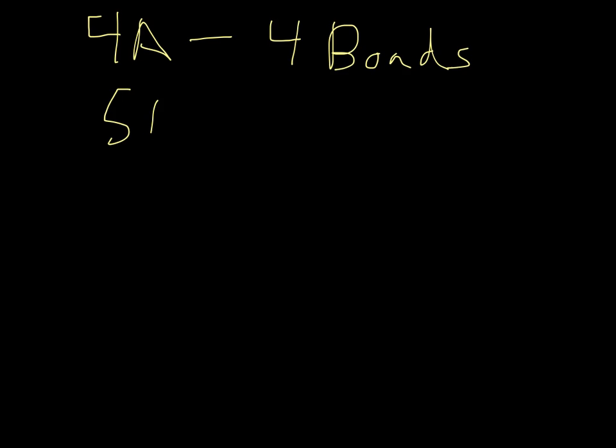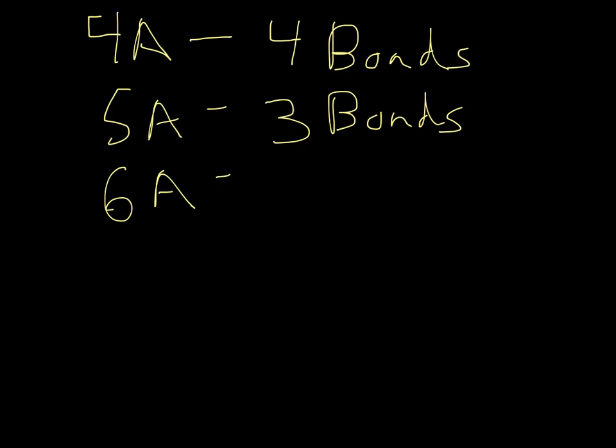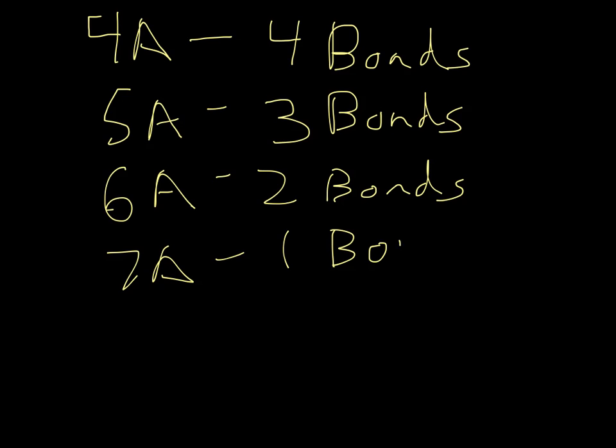Elements in group 5A attempt to achieve the Octet Rule by forming 3 bonds. And guess how many bonds group 6A is going to form? 2 bonds. And elements in group 7A are going to achieve the Octet Rule by forming 1 bond.